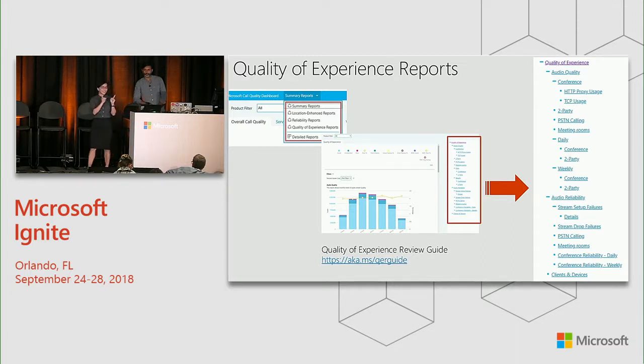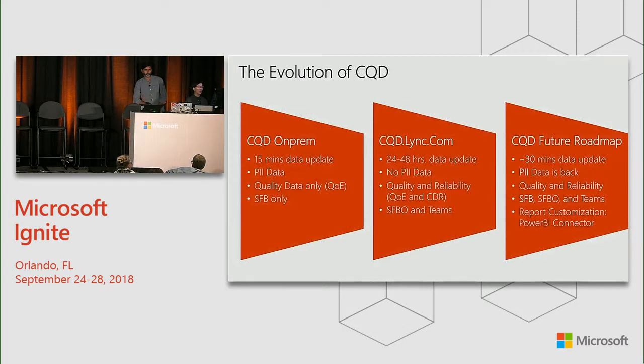If you haven't checked it out, check it out. It's available starting in August, natively in CQD. You can just look it up in the drop-down menu and go to your QER. I forgot to mention one thing earlier, that CQD has Teams and SFB data.